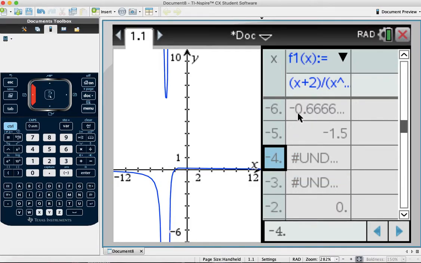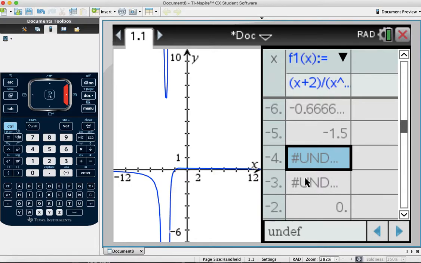When x is minus 4, then it's given as undefined for the y value. So when x is minus 4 over here, it's not actually giving us a y value. It's going towards it, but it's not actually going to give us one. It's the same on both sides, up here and down here. So there's an asymptote in between, where the graph's going towards it, but not actually going to touch it.